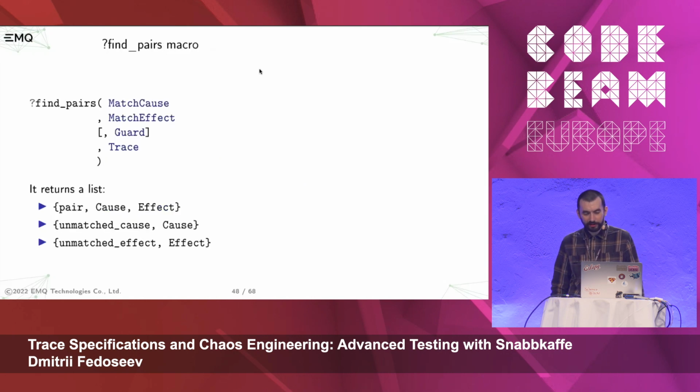If you want to inspect the pairs of events explicitly instead of just verifying the absence of causality violation, it can be done using find pairs macros.